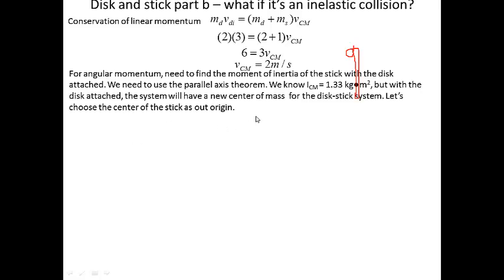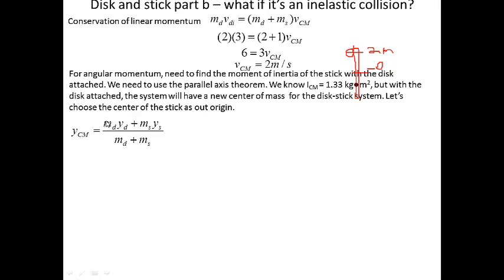Oh, and this should say, let's choose the center of the stick as our origin. My bad. So what I mean by that is the origin is here at 0. And then up here, that'll be at 2 meters. Because remember, the stick has a length of 4 meters.